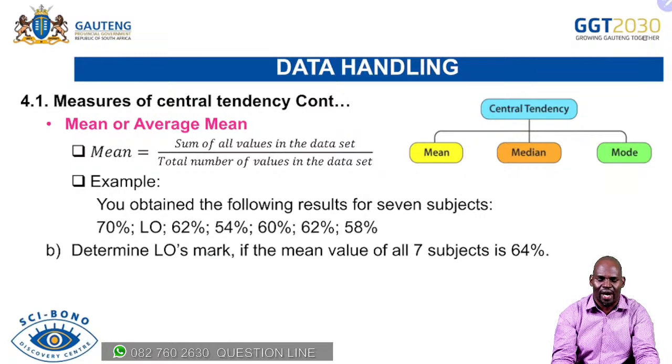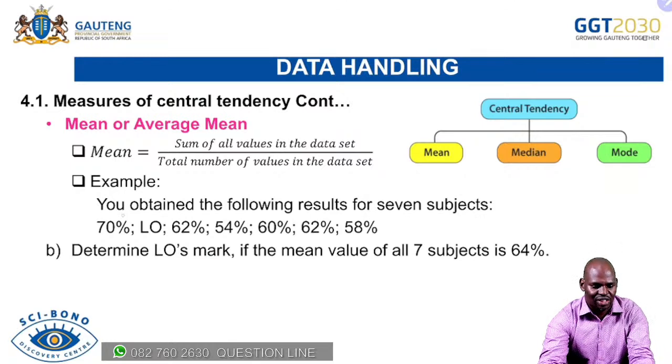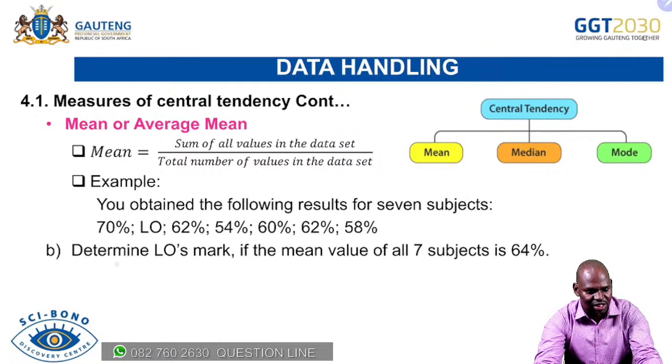First thing, we need to add. So we've got 70, LO, 62, 54, 60, 62, 58. Now the same procedure. Then we say 70 plus, we don't know the mark for LO, but we still write LO.